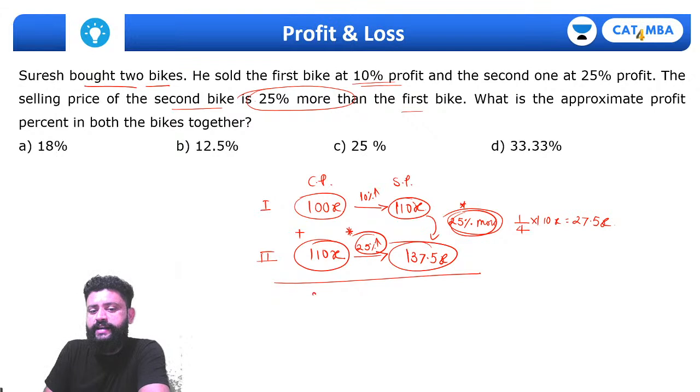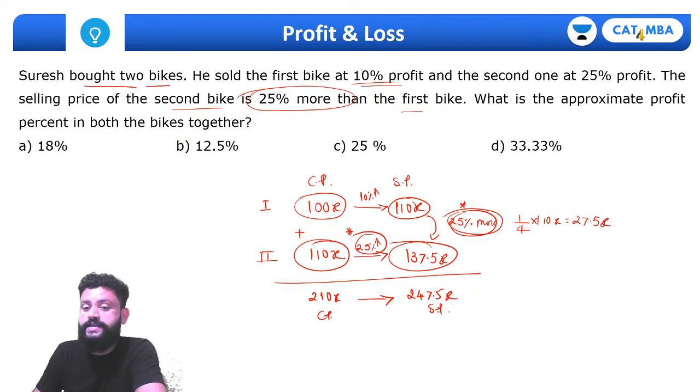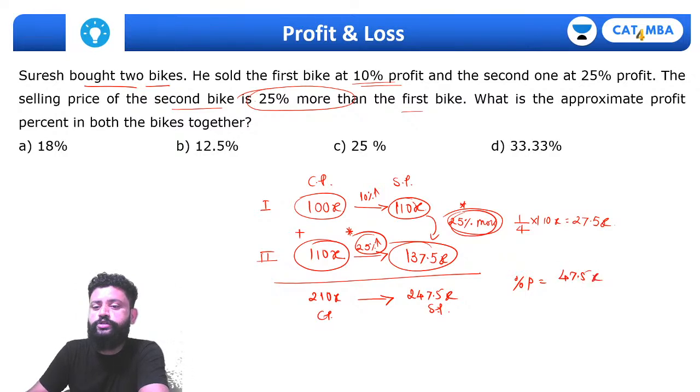100x plus 110x, that is 210x is the cost price and the selling price is 247.5x, so that is the selling price greater than cost price. So the percentage profit here must be 47.5x profit compared to what?